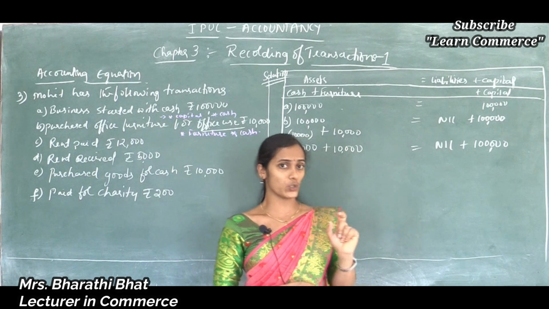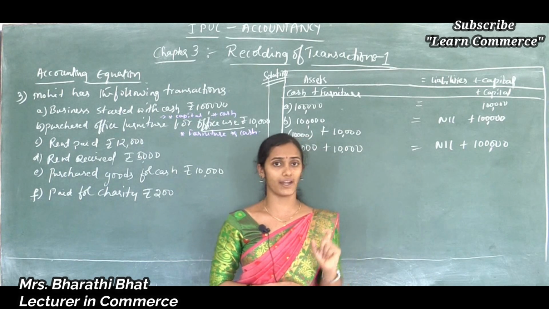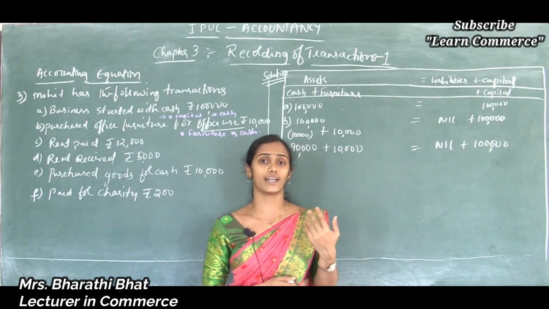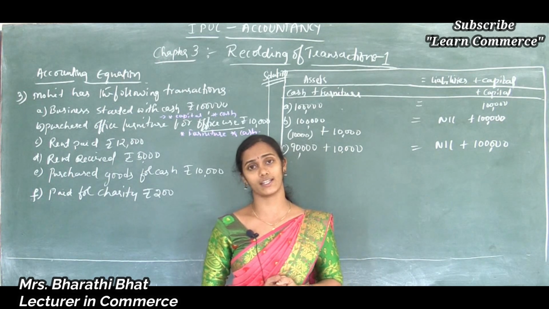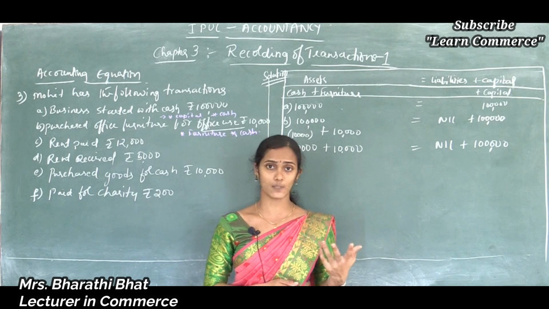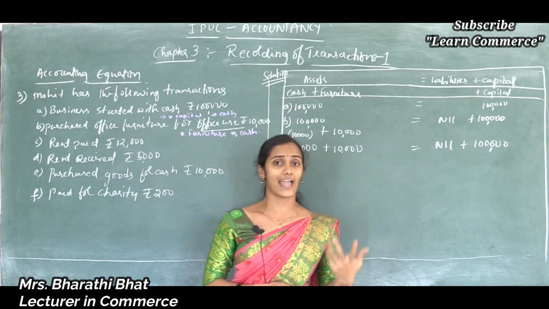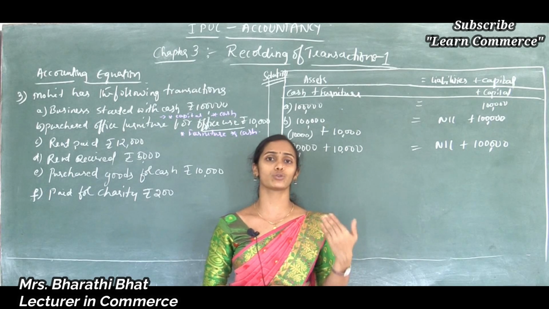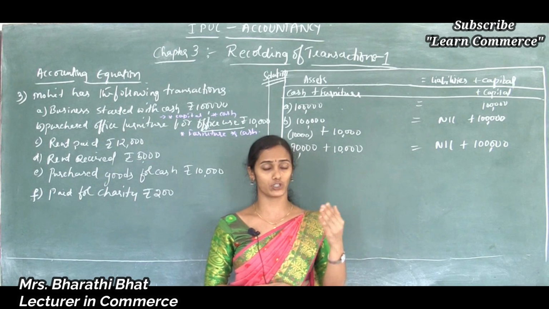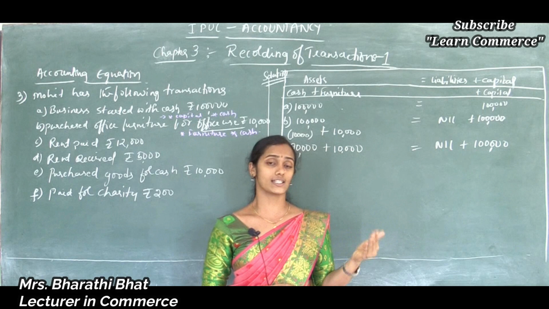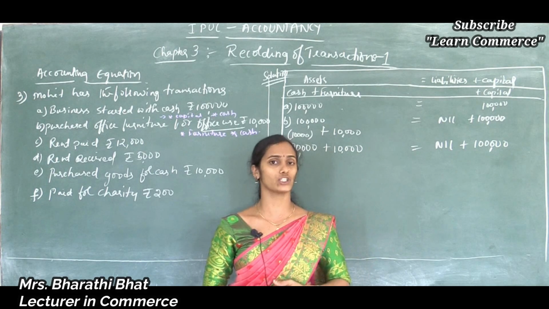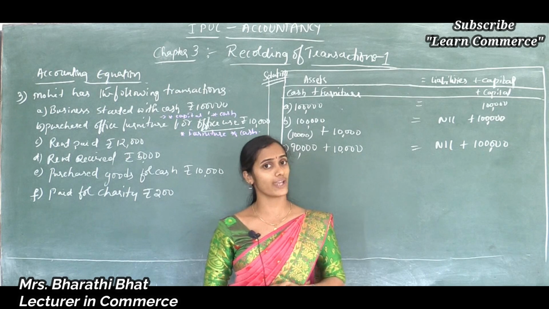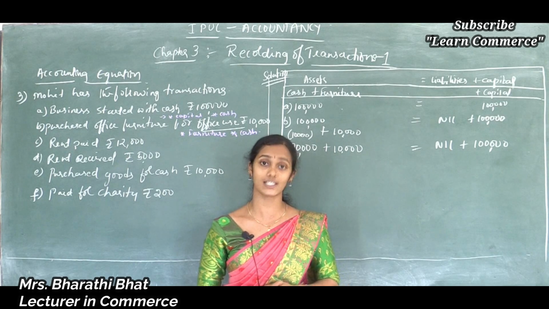When rent paid, salary paid, commission paid or any other royalties, dividend paid, those are direct expenses to the business organization, and all such expenses affect cash and capital of the business. Suppose rent is paid through cheque, then it may affect the bank account, or else this transaction affects cash and capital. So rent paid is an expense, so does cash decrease or increase?